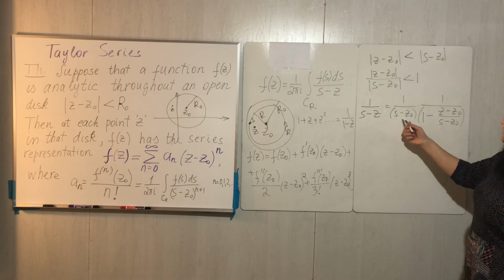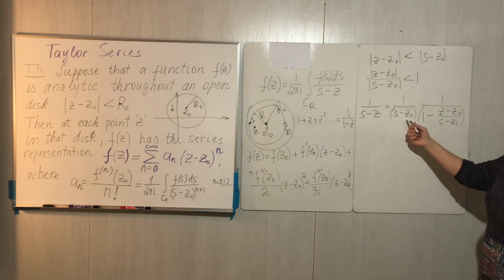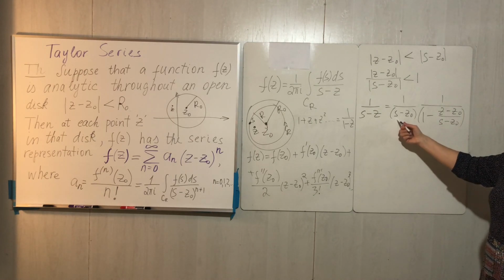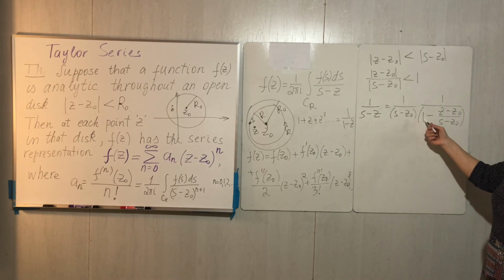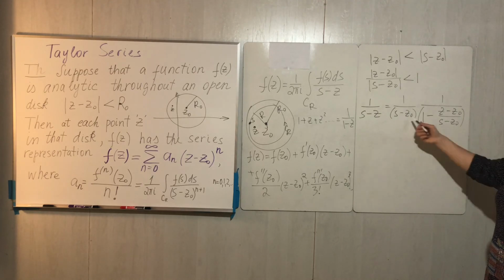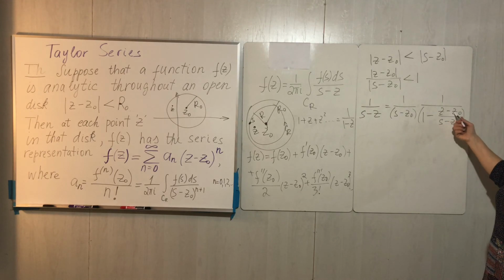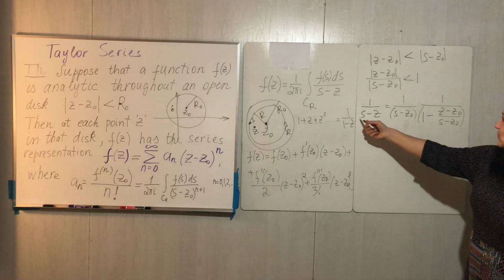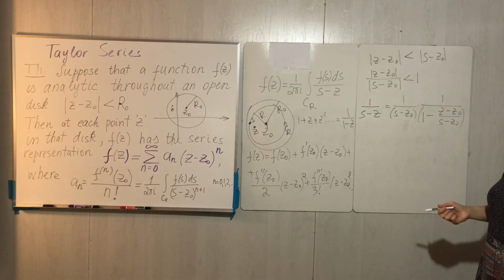Let's check what happens if we distribute it back. If we multiply, s minus z sub 0 would be cancelled, so we'll have s minus z sub 0 minus z plus z sub 0. Z sub 0 would be cancelled, and we will have exactly the same s minus z.